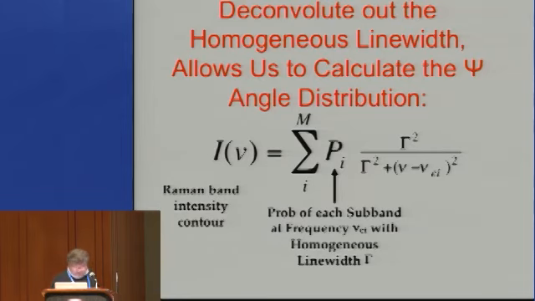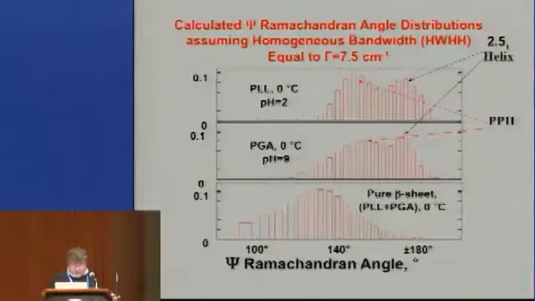So we can convolute the homogeneous line width out to calculate a psi angle distribution for the peptide bonds of our sample. And what we discover for poly-L-lysine and polyglutamic acid is our band is lumpy and dumpy because it's got more than one conformation. In fact, it's got 2 conformations at 2 different psi angles.